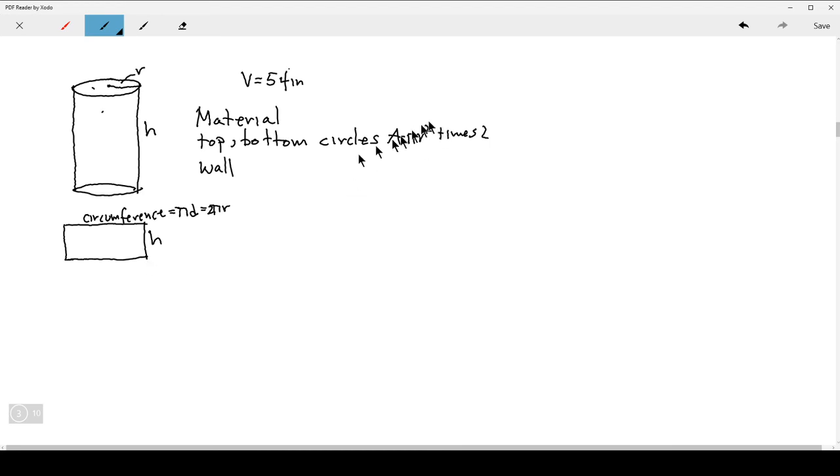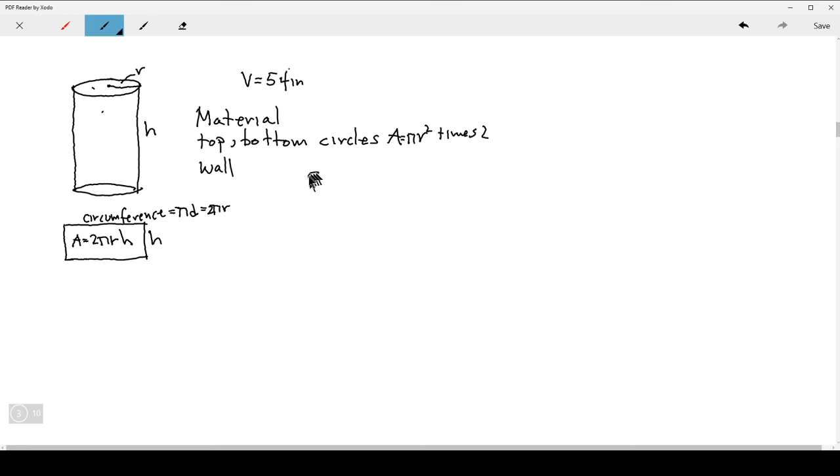So what is the area going to be? The area is going to be 2 pi r times the height plus these two circles.